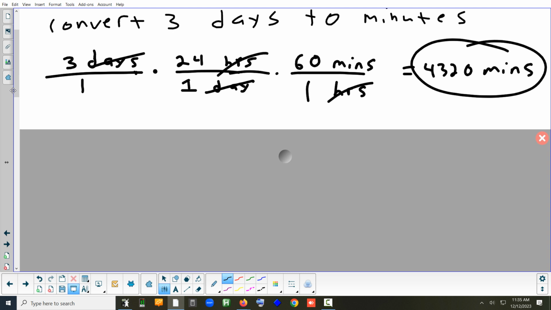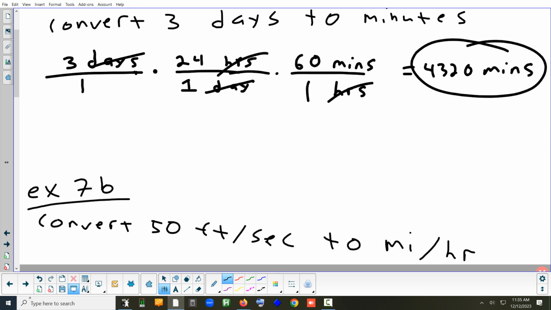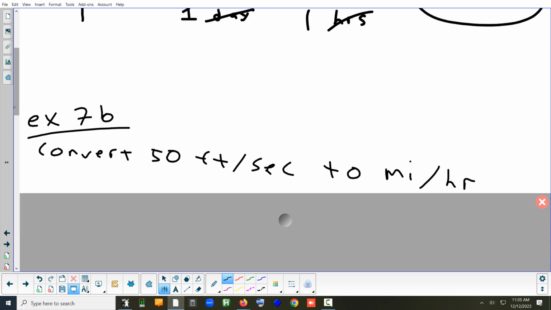Okay, the next problem is going to have 2 parts to the final answer. It's going to have a distance part, and it's going to have a time part. When you have a distance and a time part on your label, that's a speed. That's a rate.